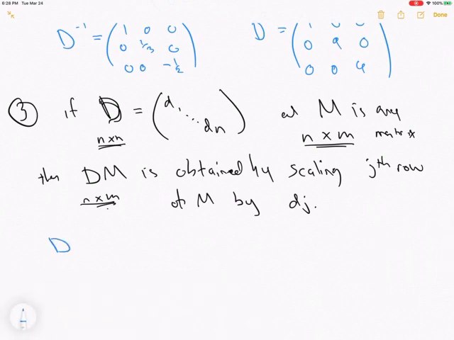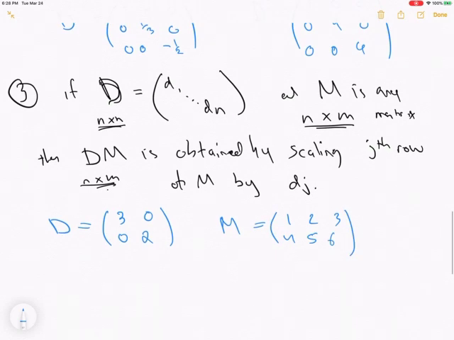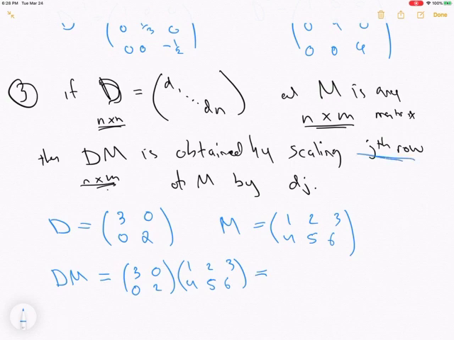For example, if D is the matrix 3, 0, 0, 2, and if M is the matrix 1, 2, 3, 4, 5, 6, then we can multiply these two matrices, D times M. This has the effect of tripling the first row. What this says is you multiply the jth row by Dj.